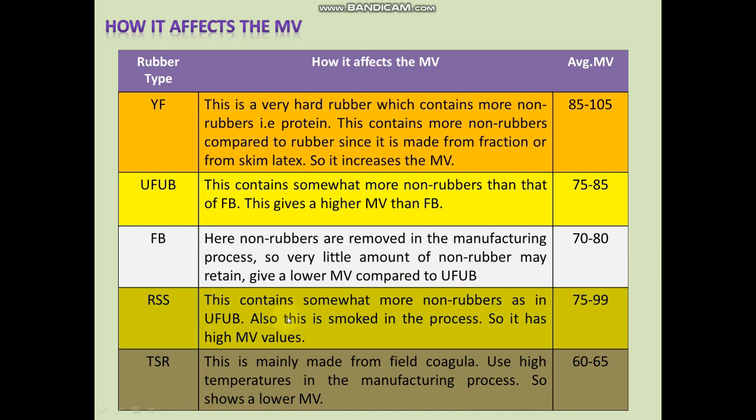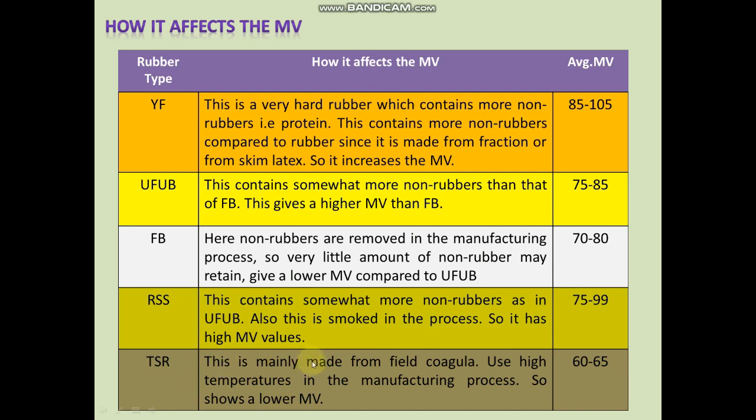Then come to the RSS. This has basically the same rubber and non-rubber composition as unfractioned unbleached crepe rubber, but this is a type of sheet rubber which is smoked during the process. So this also has somewhat high Mooney viscosity values. Sometimes it can exceed the Mooney viscosity of unfractioned unbleached crepe rubber. You can see the average Mooney viscosity ranges from 75 to 99.